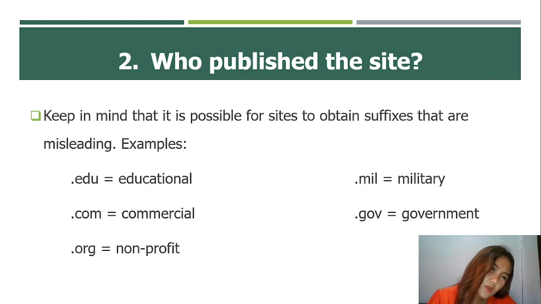Examples, .edu. So, .edu is, for example, educational. So, sa atin, ang ating website is .edu kasi education tayo. So, .com, this is commercial. .org is organization or non-profit. .mil is military. And .gov is government. So, yan yung mga suffixes natin.